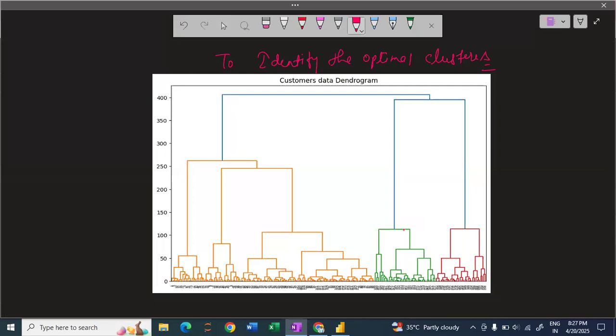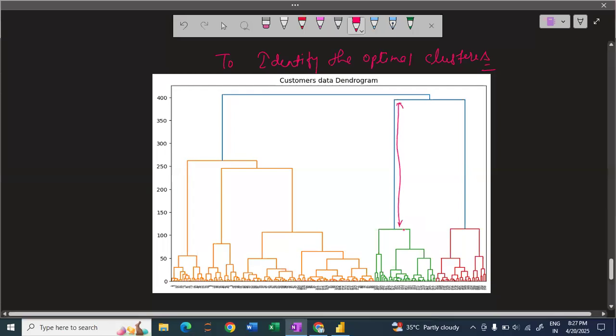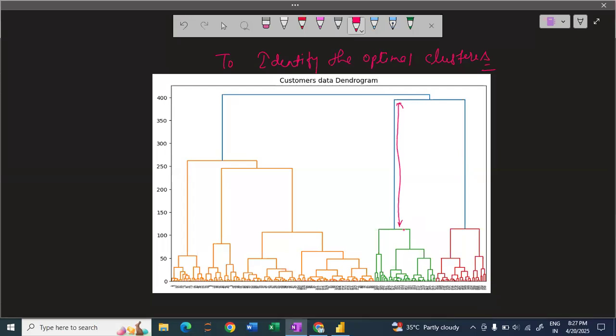Looks like one of the two vertical blue lines. Right? Blue lines. So this blue line is the longest vertical line, and I can also identify it.